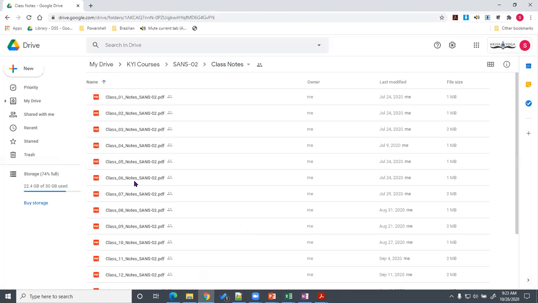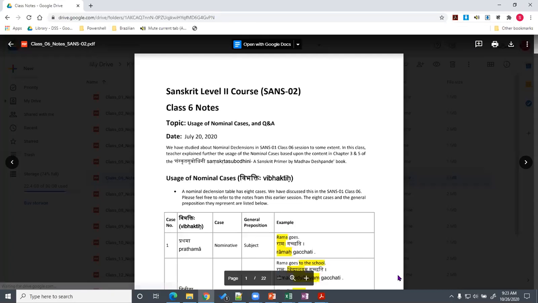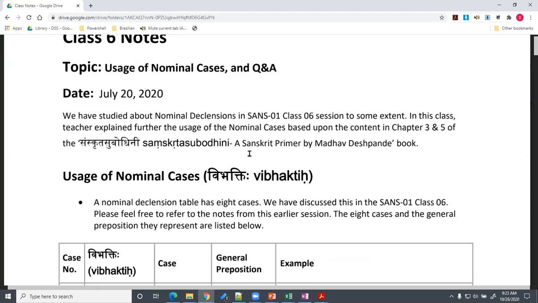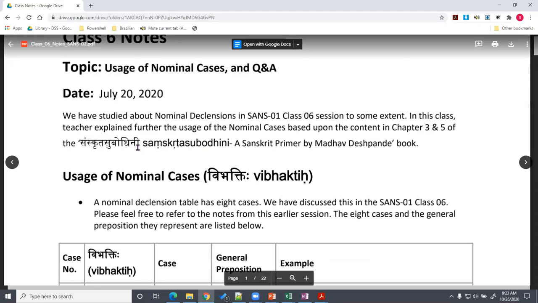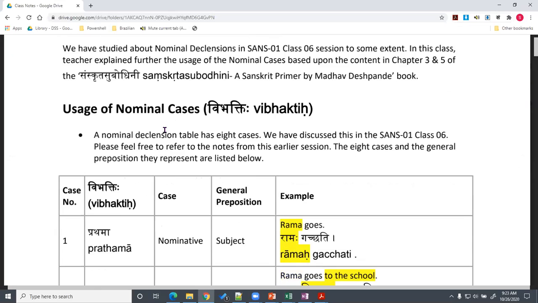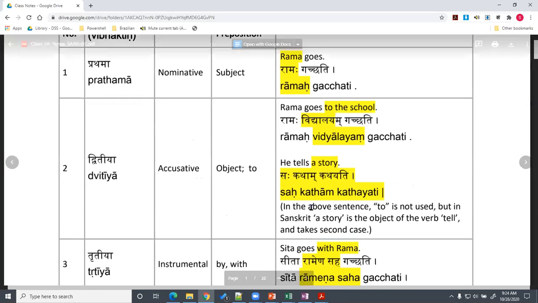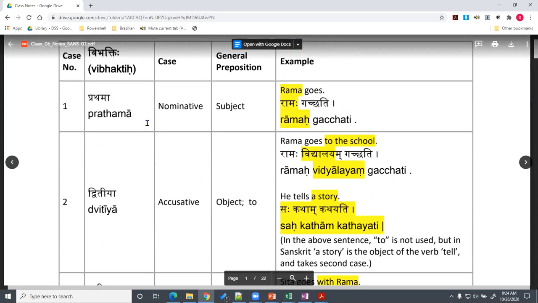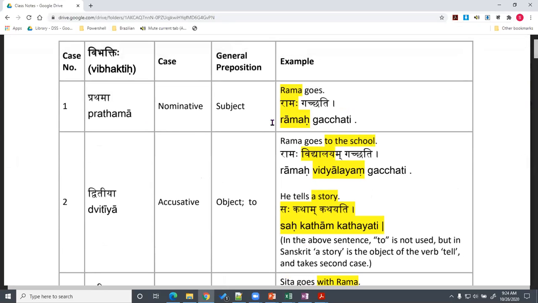Then we saw some of the further nominal cases. These were already explained in Sanskrit 01, but there was some repetition here in the Sanskrit 02 class.